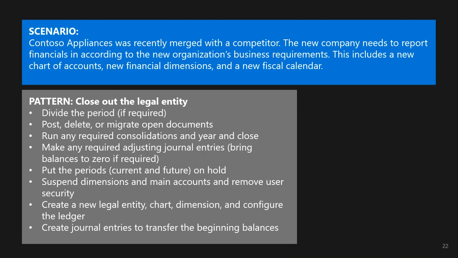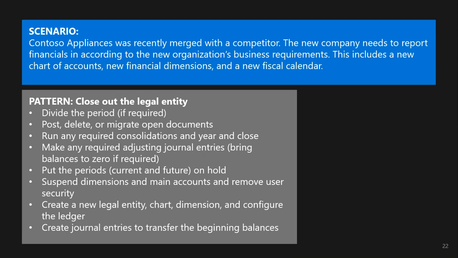So if you've got open POs or open sales orders or open production orders or anything like that, you're going to want to migrate those into the new legal entity. You'll want to run any required consolidations in your year-end close processes in the old company. Make any required adjusting journal entries. You might also need to bring those balances down to 0, which, if you're running your year-end close, it'll do for your P&L automatically.